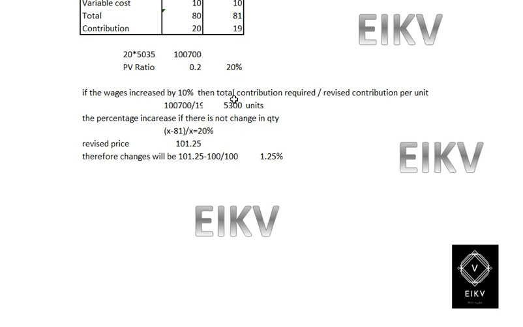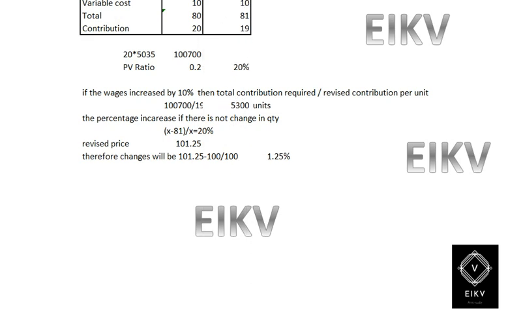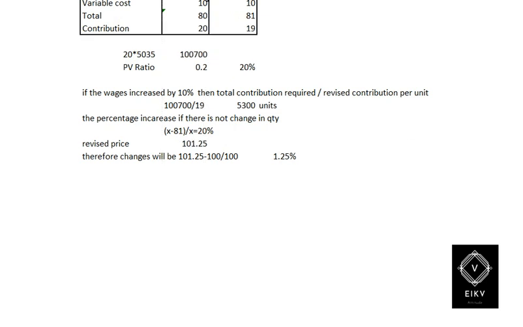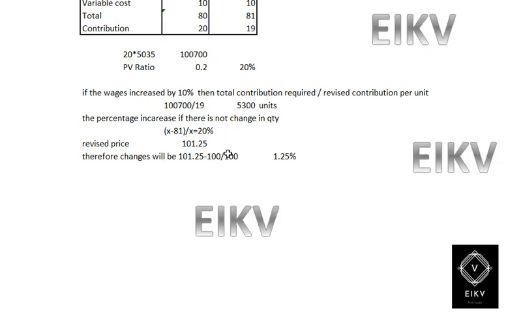The contribution per unit is now rupees 19. Therefore 1,07,000 divided by 19 gives about 5,300 units. So there is an increase in quantity.